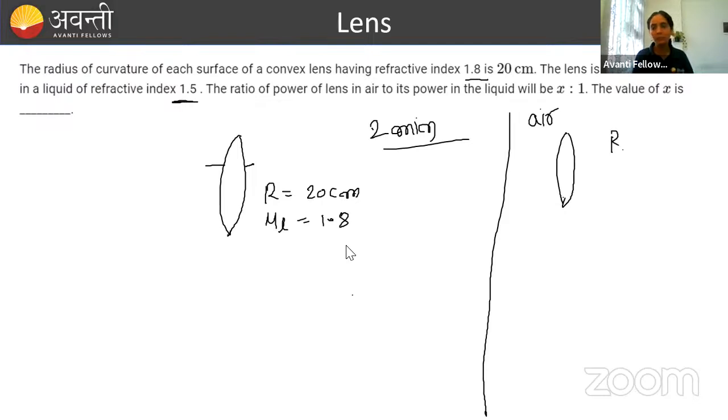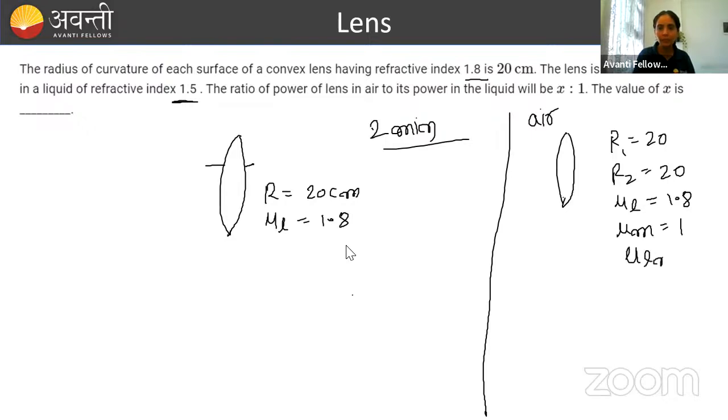So in that case, what is happening? R1 is equal to 20, R2 is equal to 20, mu lens is equal to 1.8, and mu media is equal to 1. So refractive index of lens with respect to media, mu l by mu m, is equal to 1.8. Done. So what will be the focal length?